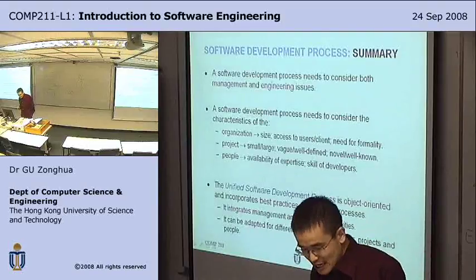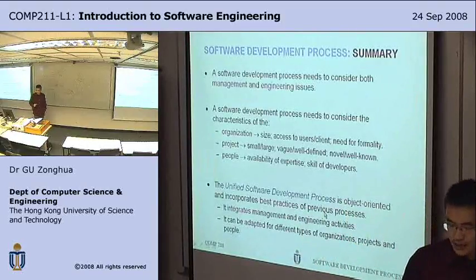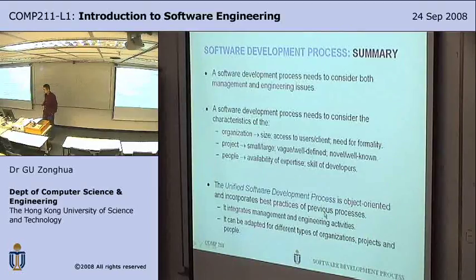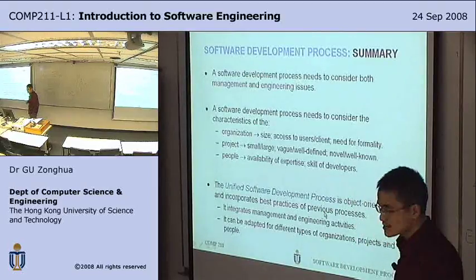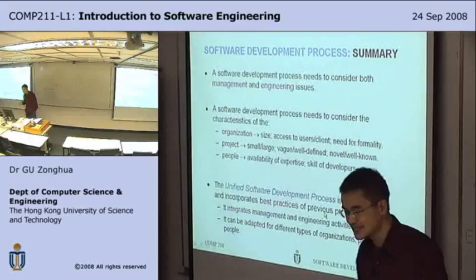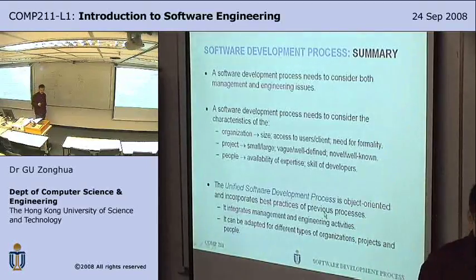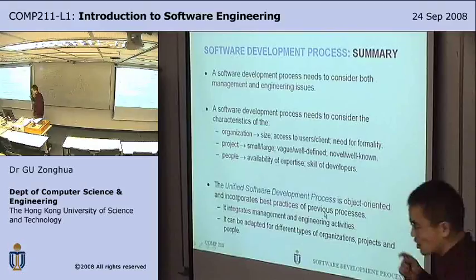A software development process needs to consider the characteristics of the organization, including its size and access to users and clients. If it's an in-house project, say you're developing the budget control system for the engineers themselves to use, then it's very easy access to the users. But if it's a contract project, the access to users and clients may be harder.